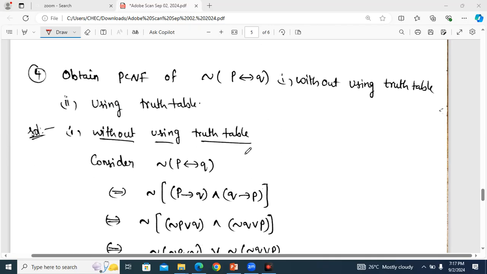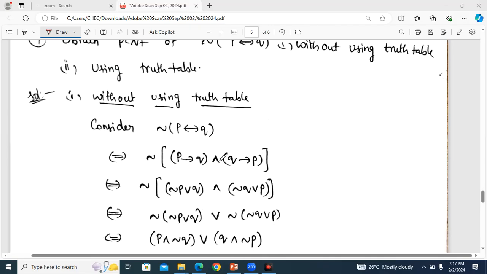Without using truth table, we find by applying equivalent formulas. So for by implication, the equivalent formula is P implication Q and Q implication P. Okay. So for implication, the equivalent formula is negation P or Q and negation Q or P. Then we apply negation.